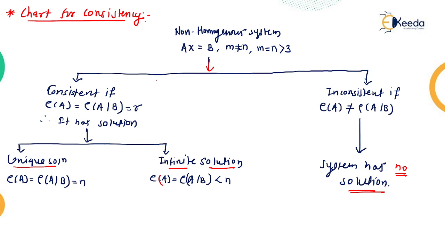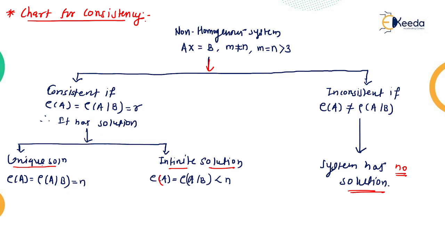We have to check the condition for consistency: if the rank of matrix A is equal to the rank of the augmented matrix, and that is equal to R, the system is consistent. If it is inconsistent, then rank of A is not equal to rank of AB. So if the rank is the same, the system is consistent; if not, it is inconsistent. If the system is consistent, it has a solution.